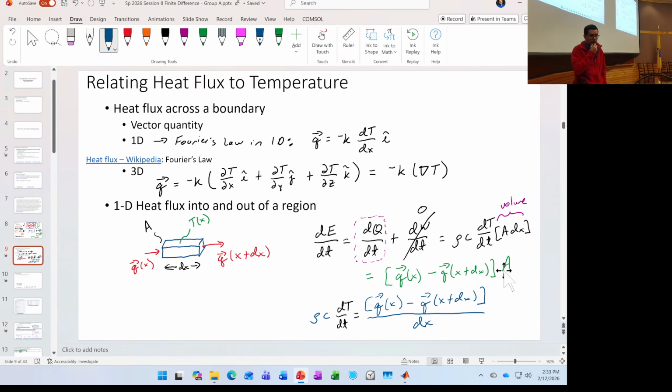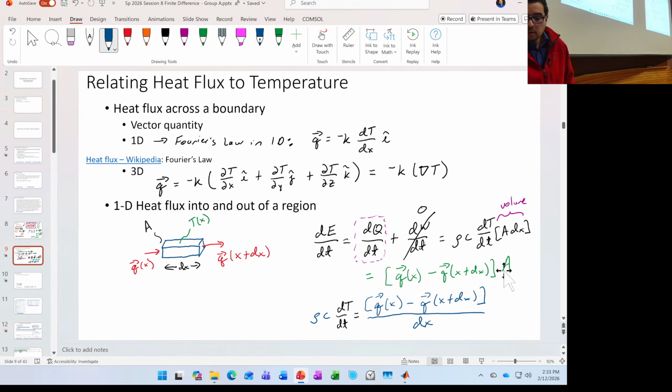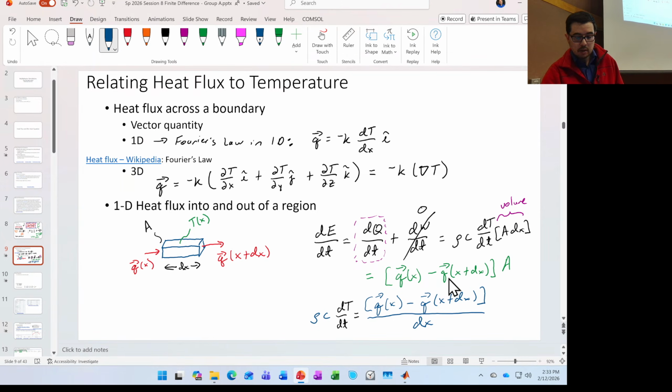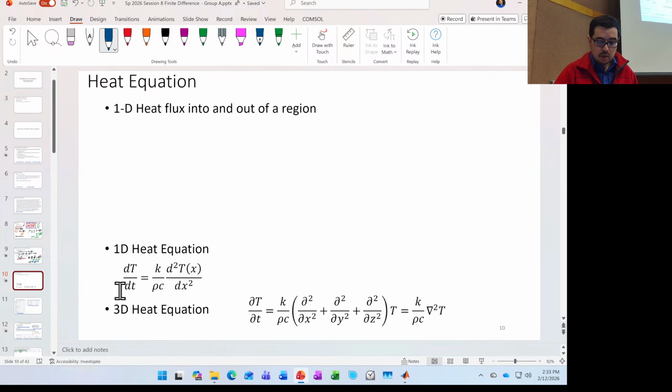This allows us now to relate Fourier's law with a change in temperature of an element as a function of time. And this is what we call the 1D heat equation.